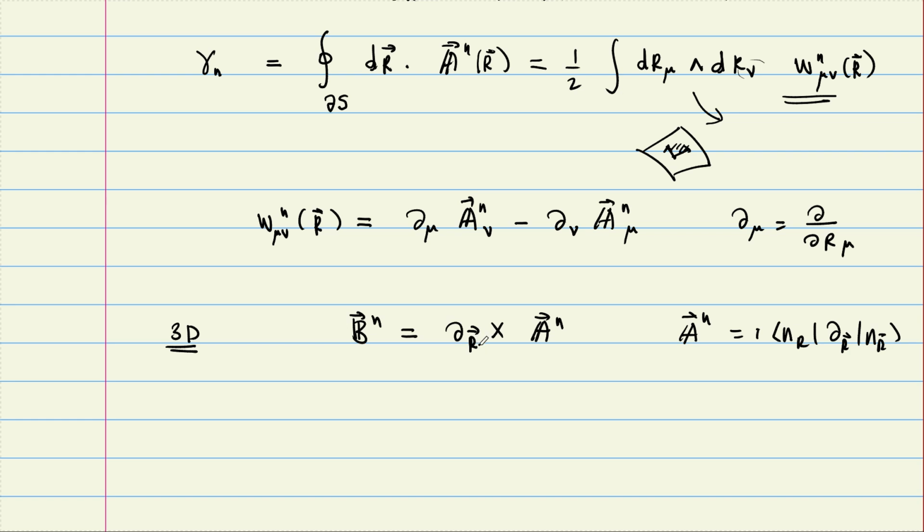There is one more del acting, right? So if you act them, what you are going to find is something like that: i del r n of r cross, so this is like a column vector cross product, del r n of r. So this is in 3D.